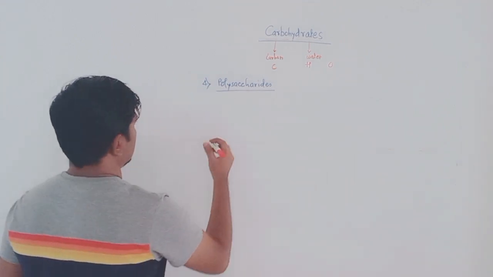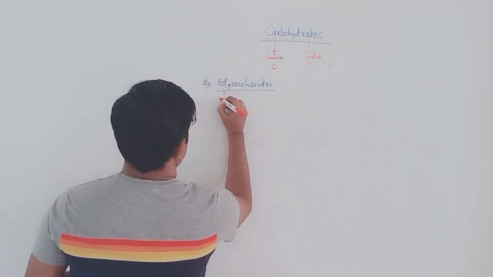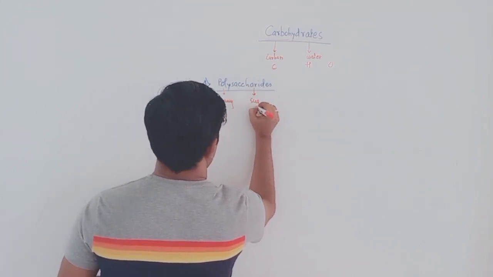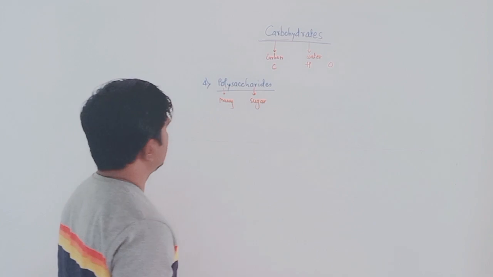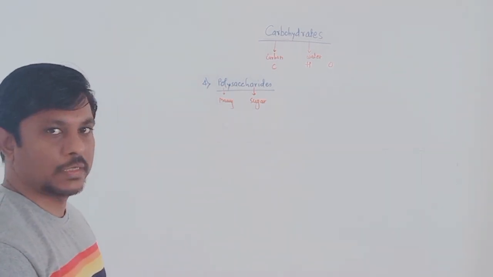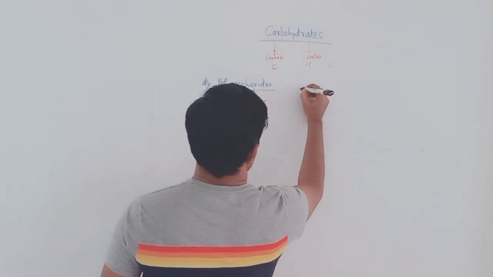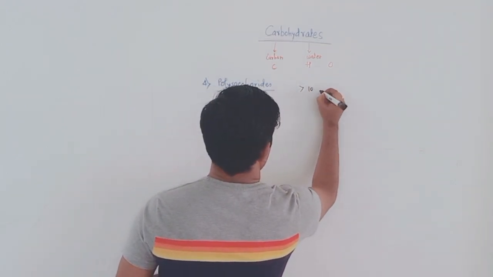Okay. So poly means many, saccharide means sugar. So polysaccharides are the carbohydrate groups which contain more than 10 monosaccharides.